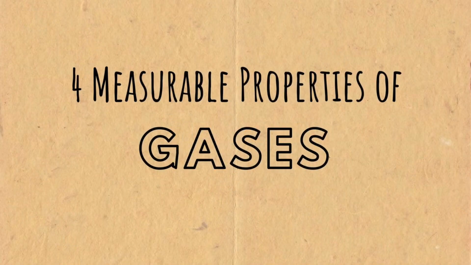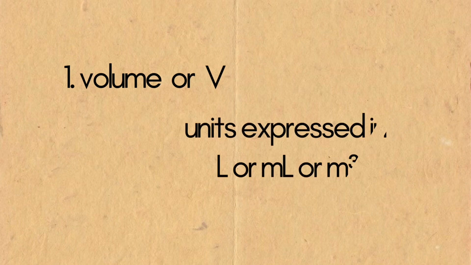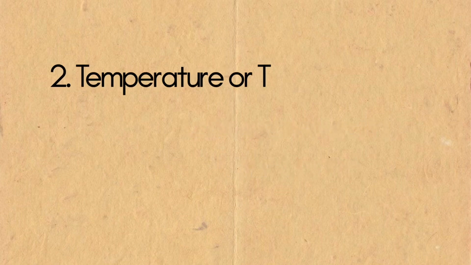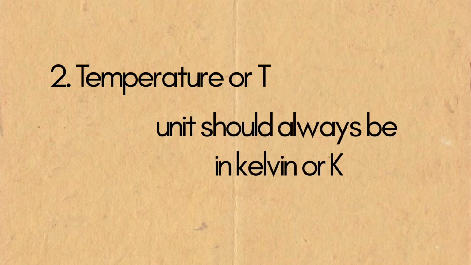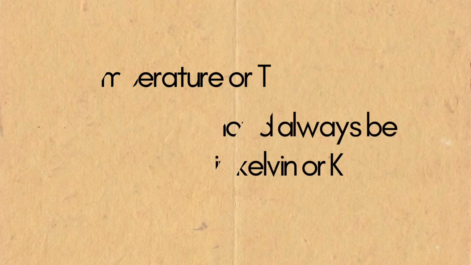We have what we call four measurable properties of gases. First is volume, wherein its units can be expressed in liter, milliliter, or cubic meter. Second is temperature, wherein its unit should always be expressed in Kelvin.